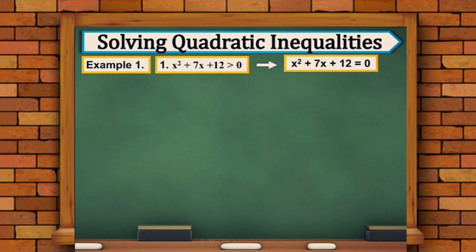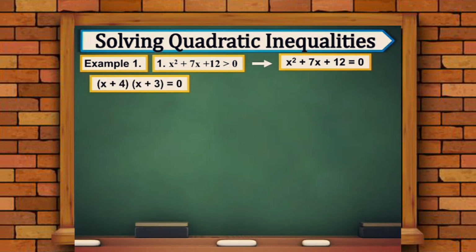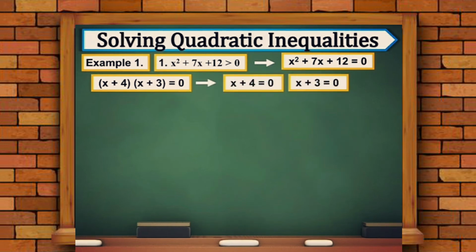Second step, solve the roots of the given equation using any method. And since it is factorable, we will solve it using factoring. So, x plus 4 times the quantity of x plus 3 is equal to 0. Then, we will apply the zero product property and it will become x plus 4 is equal to 0 and x plus 3 is equal to 0.